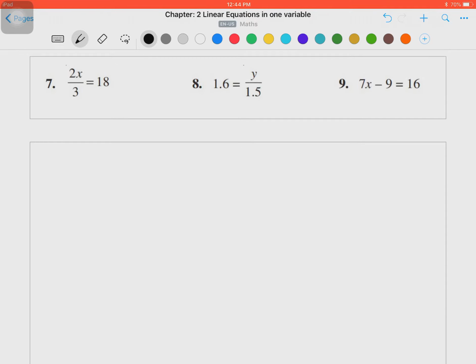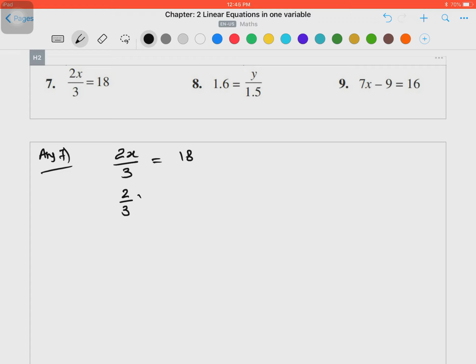Okay, let's look at some more equations. Now we have question number 7. We have 2x by 3 equals to 18. Like we did in the previous question, we can write this term as 2 by 3 multiplied by x equals to 18.